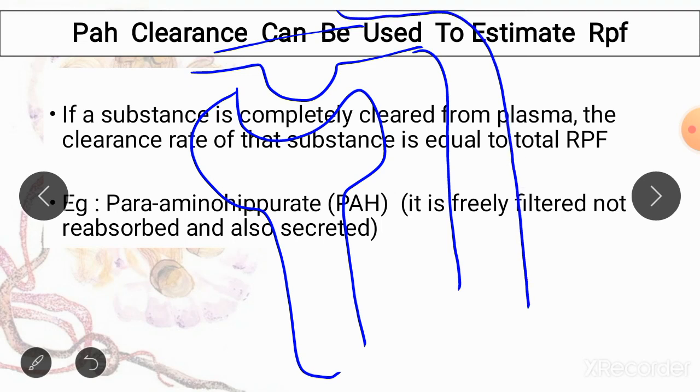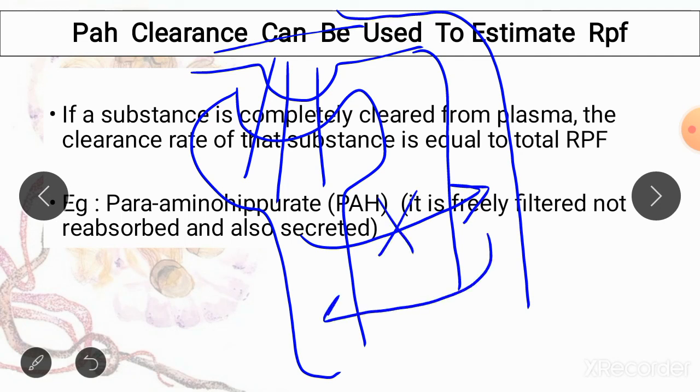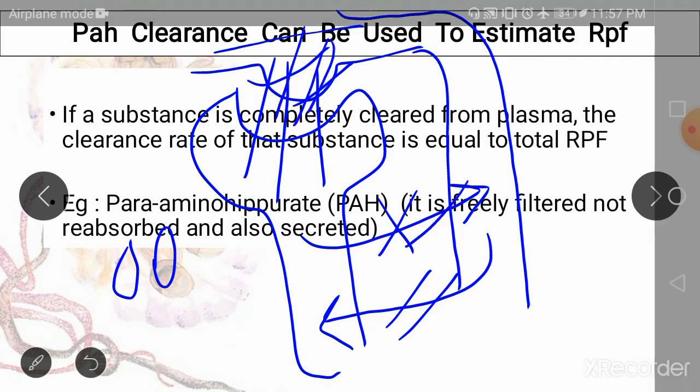So PAH is freely filtered from the glomerulus into the nephron. It is not reabsorbed, but it is secreted from the peritubular capillaries into the nephron, and the amount which appears in your urine will be equal to its filtration plus its secretion. So it is going to tell you about all the blood which is flowing towards your nephron, in the glomerular capillaries as well as in the peritubular capillaries.